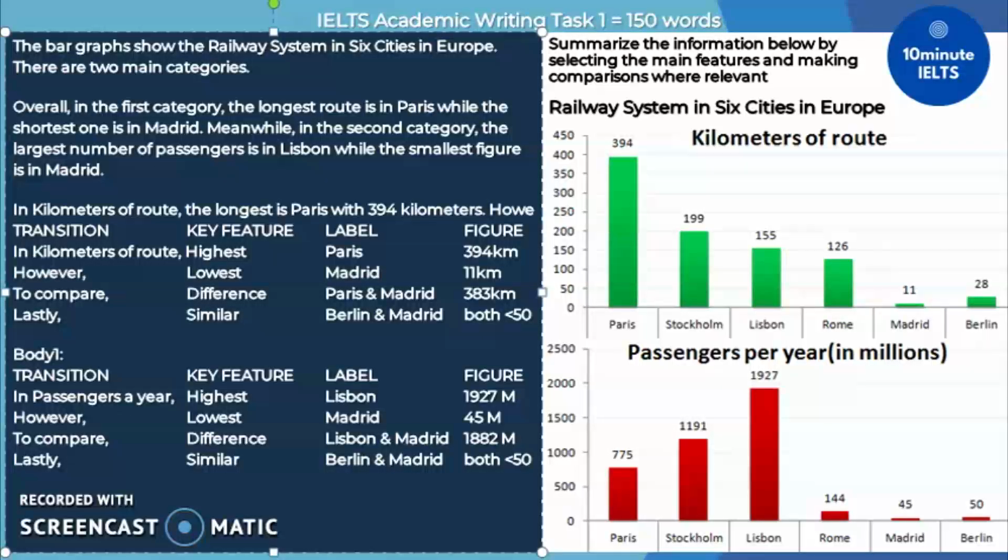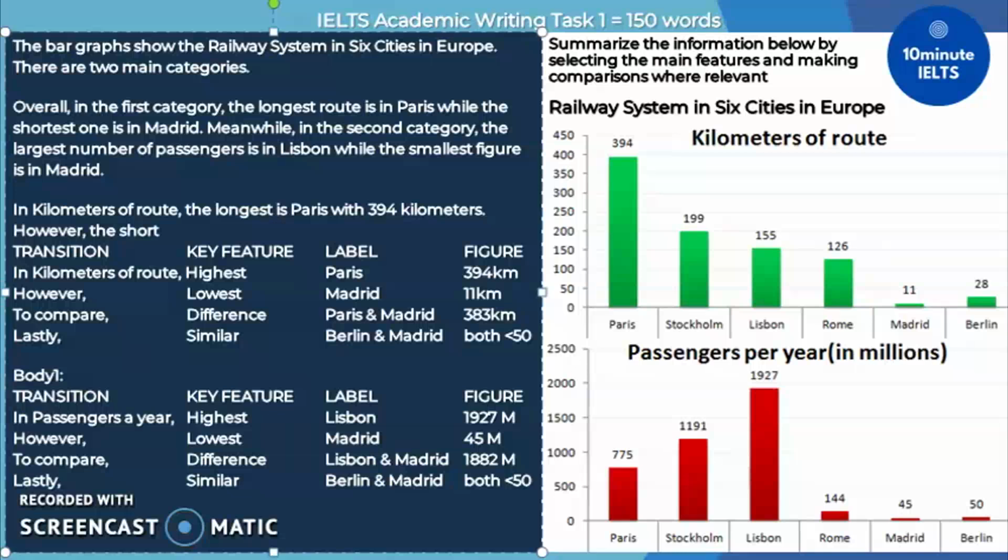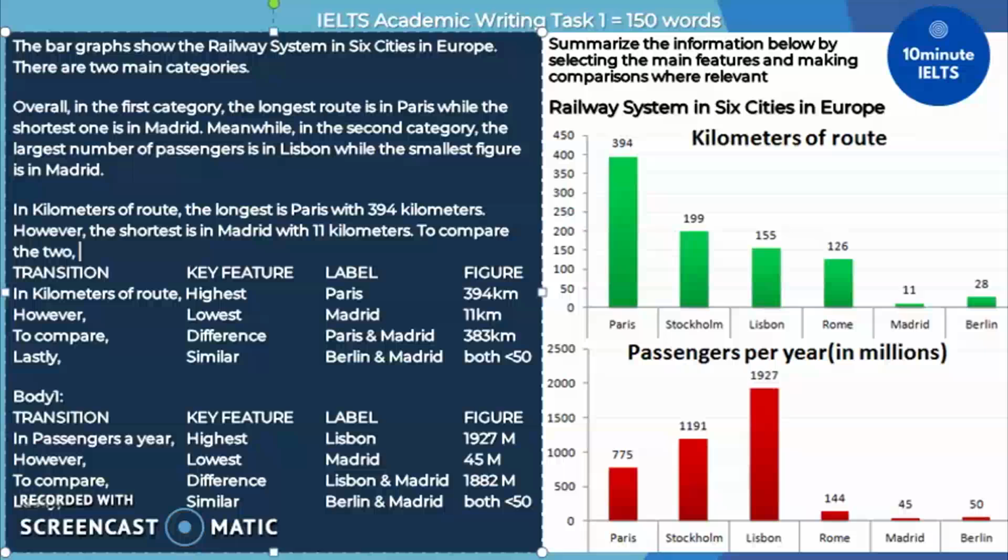However, the shortest is in Madrid with 11 kilometers. To compare the two, Paris is longer than Madrid by 383 kilometers.